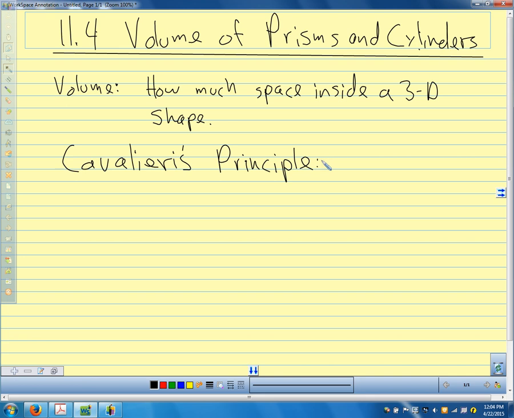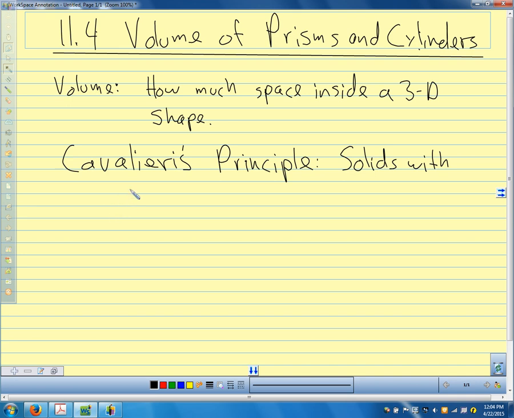So that's what Cavalieri's principle tells us: if we have a solid, and we're saying that it stays the same shape, so this is circular all the way up or rectangular all the way up, the shape doesn't change as we move up a solid.